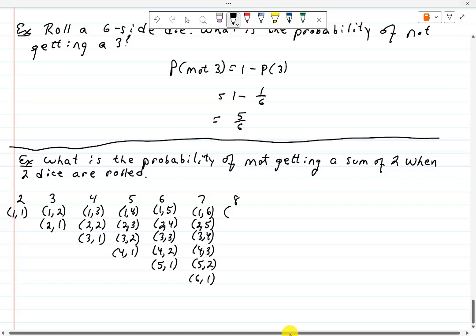8. Now we have to start a little bit differently. Since these are 6-sided dice, remember if I don't say anything, they're 6-sided, the numbers only go from 1 to 6. So I can't put 1, 7 here.